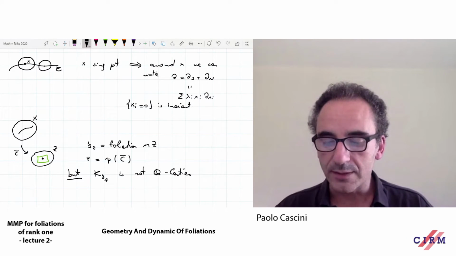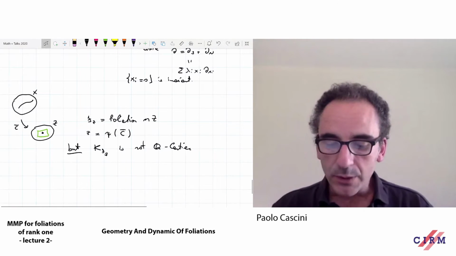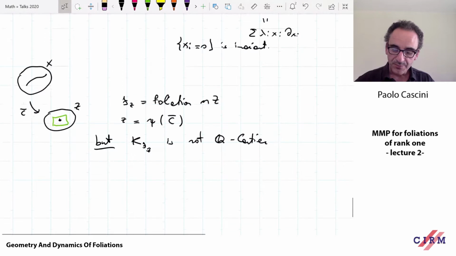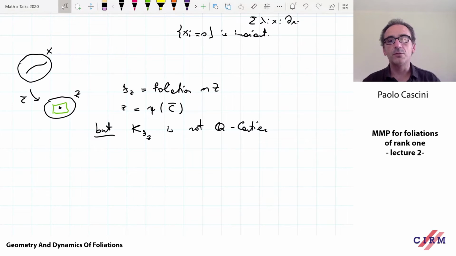So we have to do something slightly different. Instead of descending, so what we tried to do just now was to design the foliation F and work with the new foliation. But instead of that, what we can do is find some kind of perturbation of our F in such a way that this is possible.